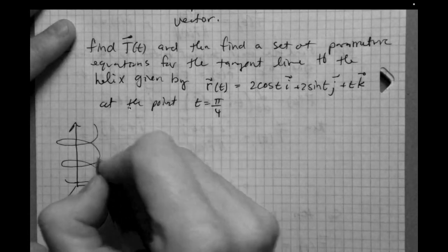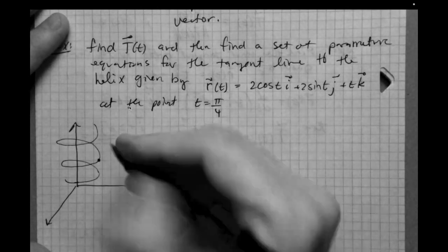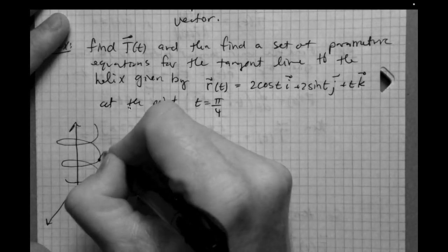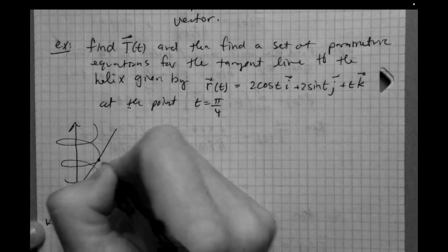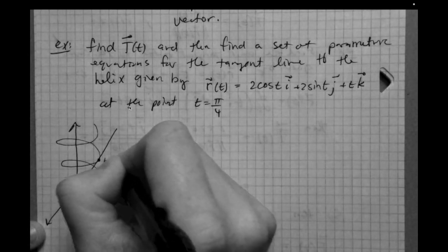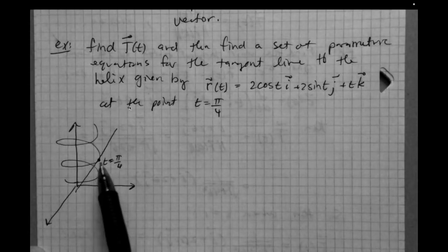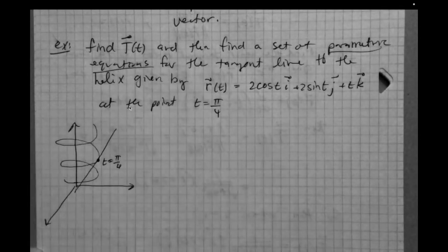For some specific point on the helix, we want the parametric equations which describe the line that is tangent to the helix at the specified point, t equals pi over 4. So what we need to do is first find the unit tangent vector, and then use that somehow to derive these parametric equations.